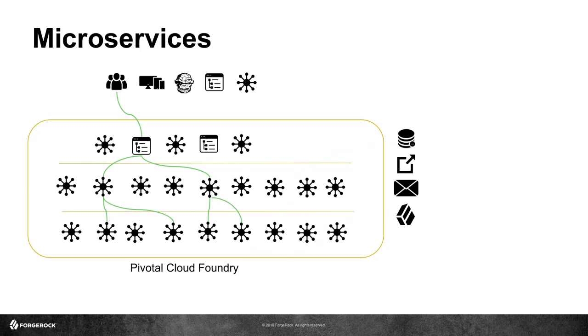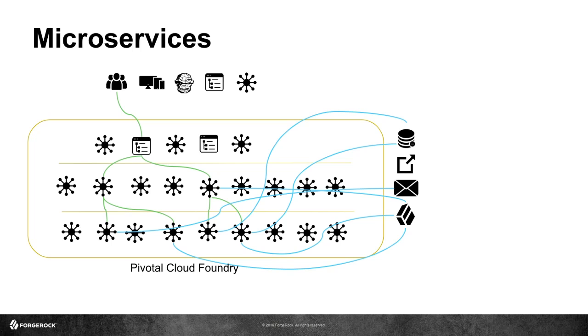And oh, by the way, your microservices have to talk to these services, and they all have to do this. So before you know it, you have something that looks like this, just generated from a single request from a user.